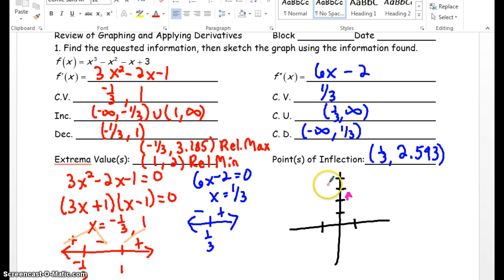Negative 1/3, 3.18 is going to give me a number right around there, and then (1, 2) is going to be right here. All right, so when I go through and do this, this is going to be a shallow graph. What we have is concave up the second half, hitting that minimum we have there, and it's concave down over here. Okay. And we have it coming through our x-axis, and that is your graph. That is complete.